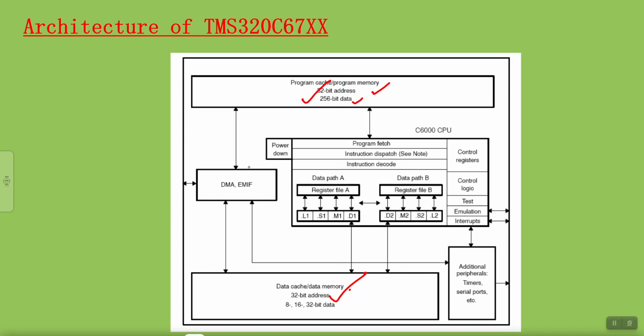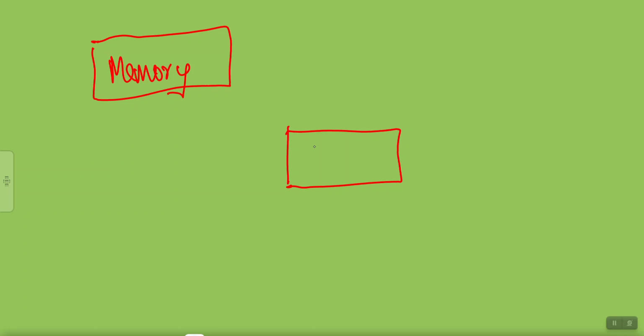One of the special features in the TMS320C67XX is the DMA. So normally, if we have a memory here, there is a register and one CPU.